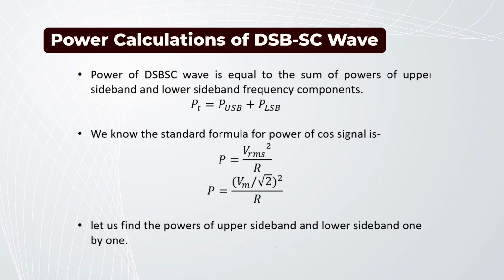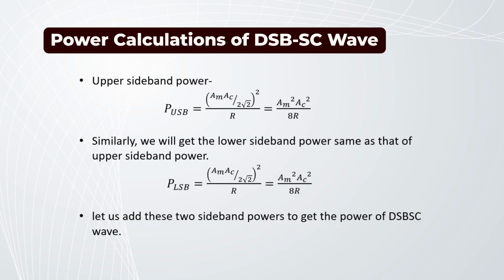And we know that the standard formula for the power of cos signal is V RMS square divided by R. And the RMS value of cos signal is Vm upon root 2, where Vm is maximum amplitude of cos signal. Therefore, power of cos signal is P equal to Vm upon root 2 whole square divided by R. Now, let us find the power of upper sideband and lower sideband one by one.